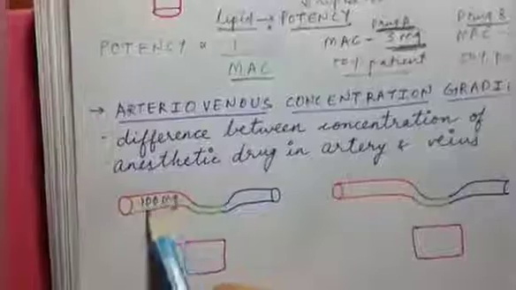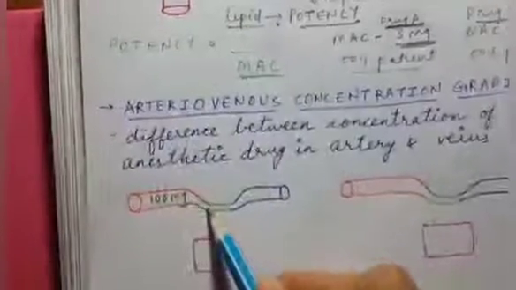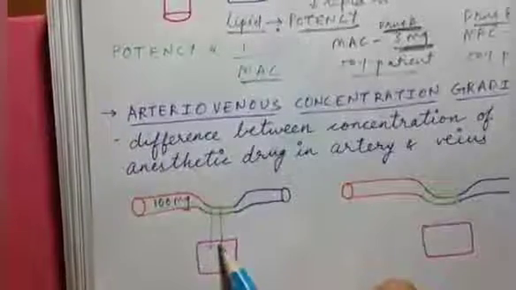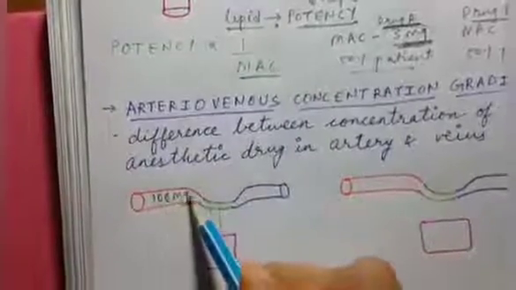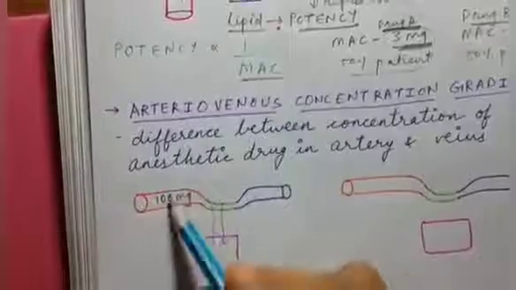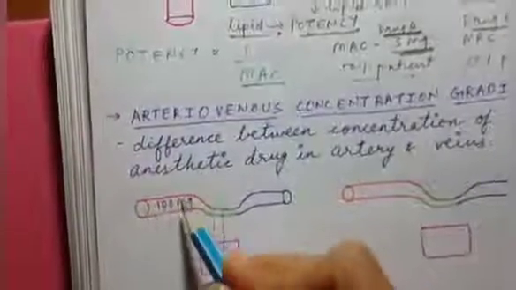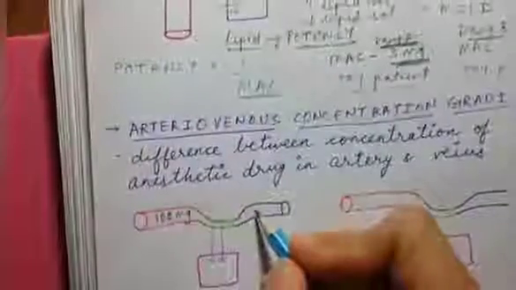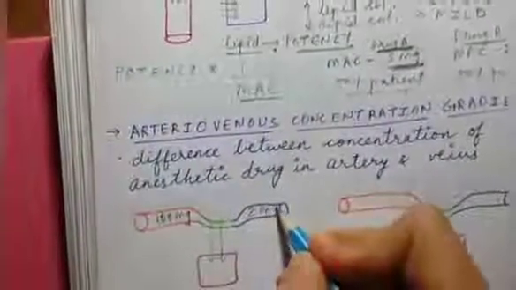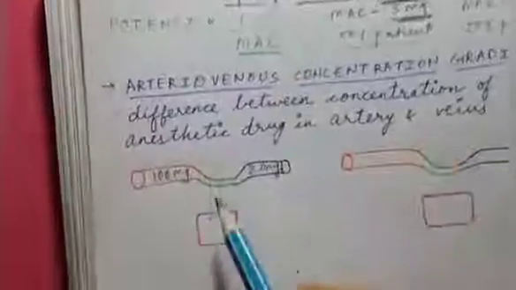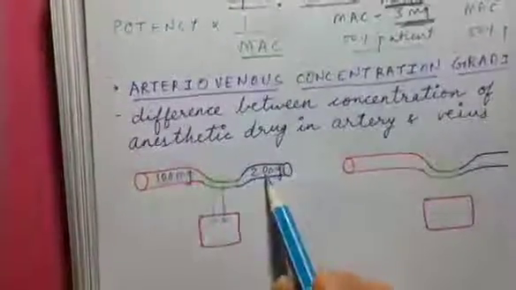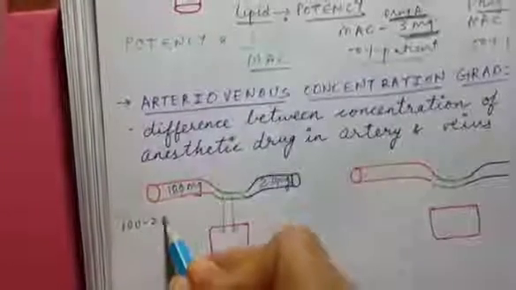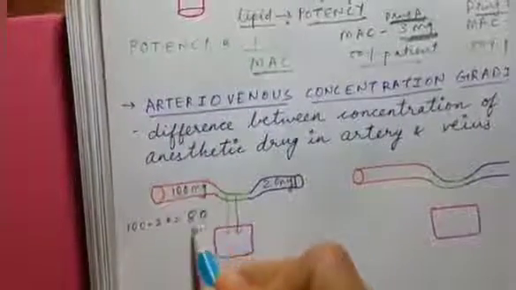When it enters the capillary, it will be taken up by the tissue. Let's say after the tissue takes up the anesthetic from the capillary, 20 milligram is left in the vein. So the arteriovenous concentration gradient here will be 100 minus 20, that is 80.